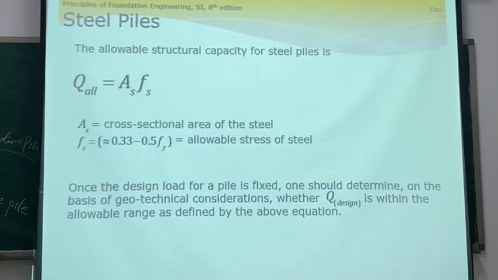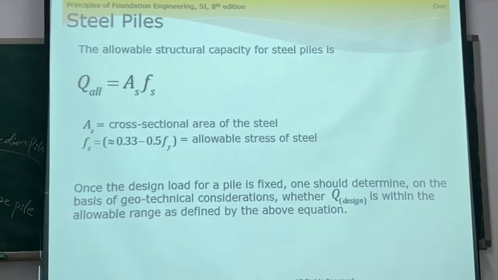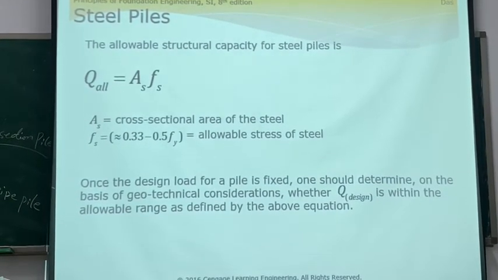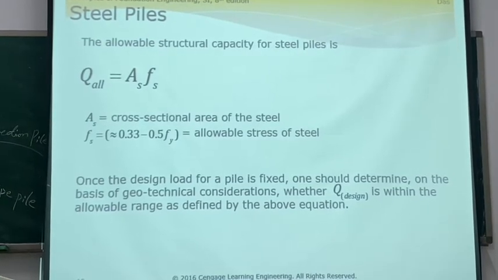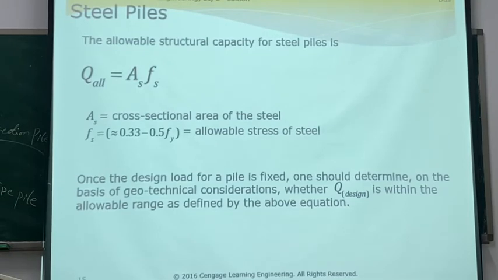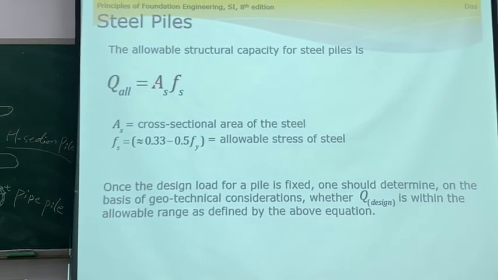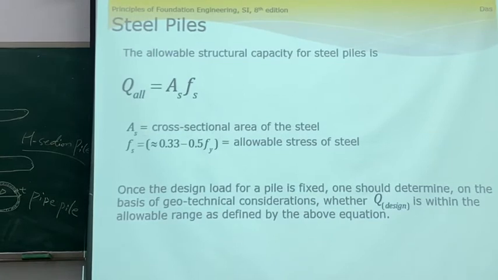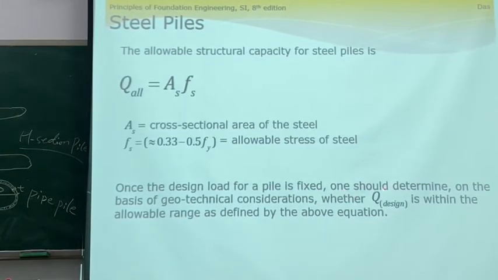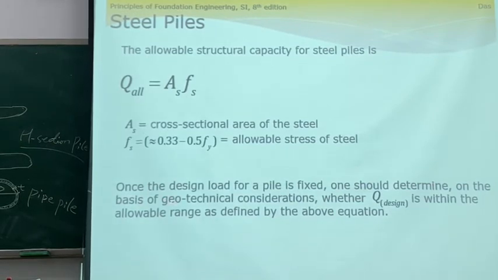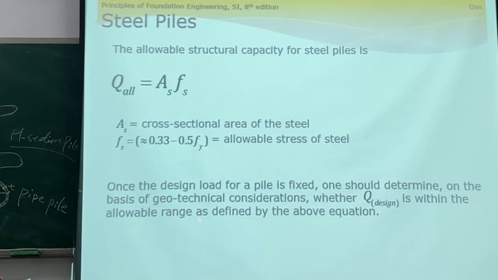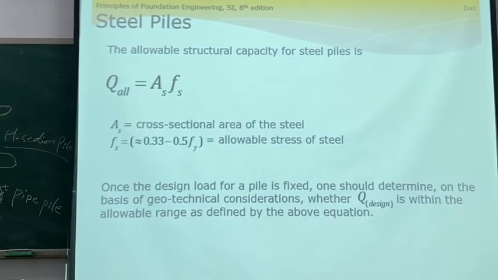Then we can calculate just the structural capacity, not the whole foundation capacity, just for the steel pile from the base. Once the steel section for the pile is fixed, the length should be determined on the basis of geotechnical consideration, where the Q design is within the orbital range as defined by the above equation.